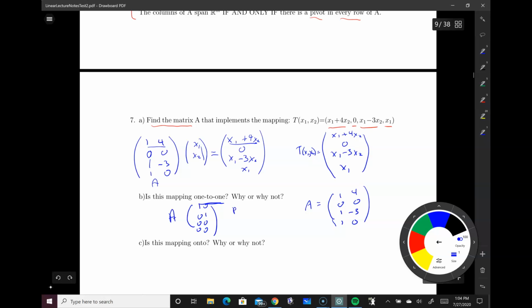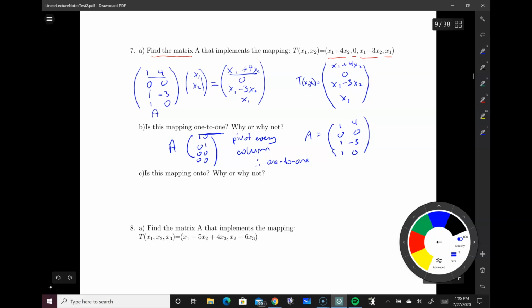There is a pivot in every column. Therefore, this mapping is one-to-one. The next question: is this mapping onto? If the mapping was onto, this matrix A would have a pivot in every row. So it is not onto. There's not a pivot in every row.